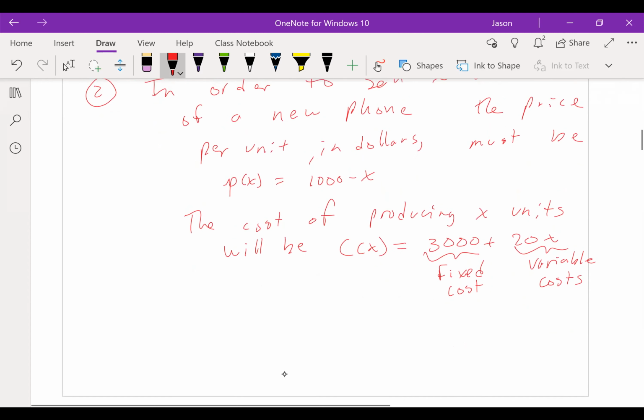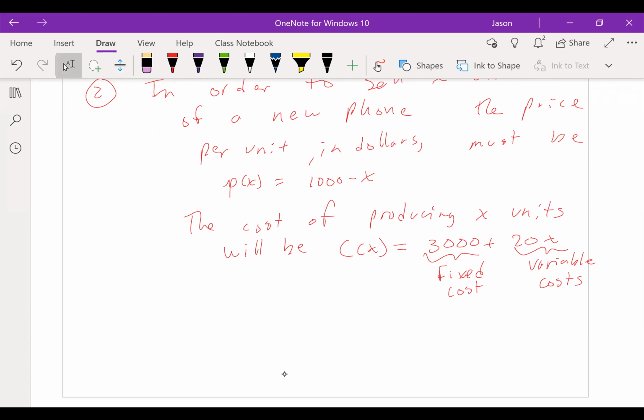It costs me 20 bucks to make, so I want to maximize my profit here. It costs me $20 to make, and I'm going to sell the phone for, I don't know, $300. That's a lot of profit. But I also have to take into account my fixed cost that I have to pay off over time.